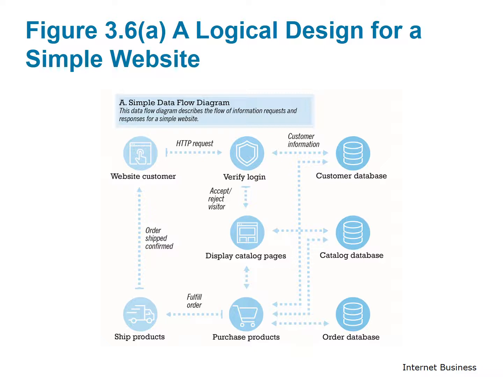Figure 3.6a presents a data flow diagram for a simple high-level logical design for a very basic website that delivers a catalog page in hypertext markup language in response to a hypertext transfer protocol request from the client browser, while Figure 3.6b shows the corresponding physical design.